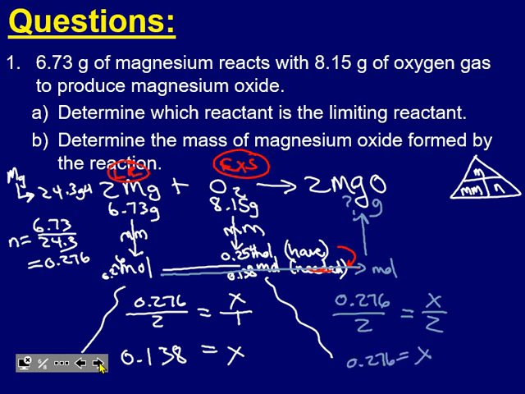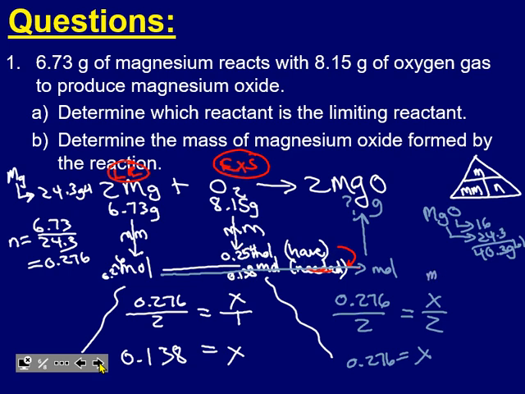I now need a molar mass of MgO, and this time I'm going to look for the mass. MgO, 16, 24.3, 40.3. 40.3 grams per mole. I'm looking for a mass this time.